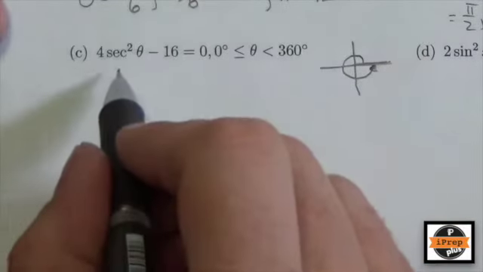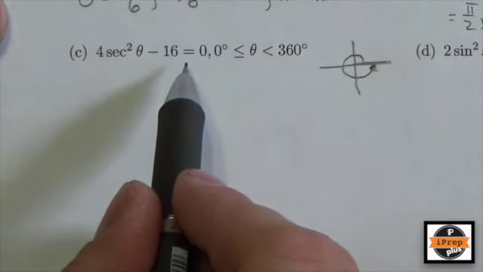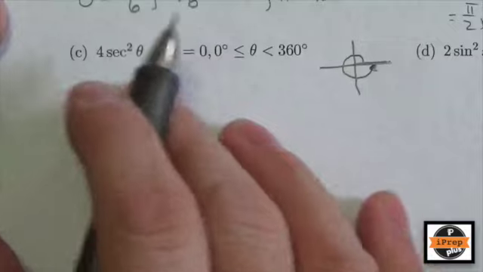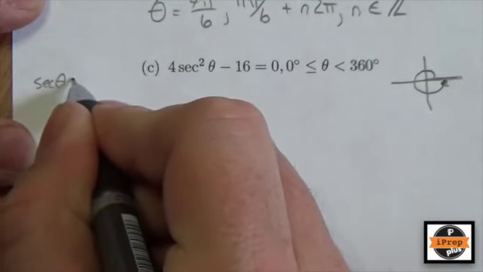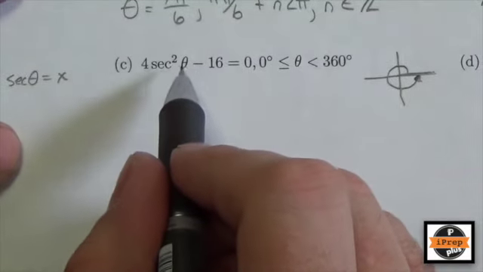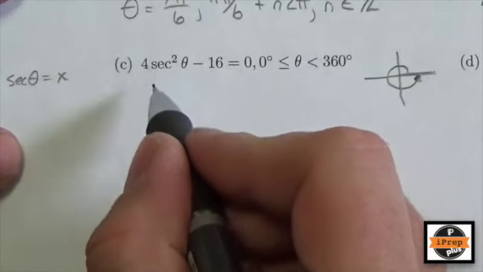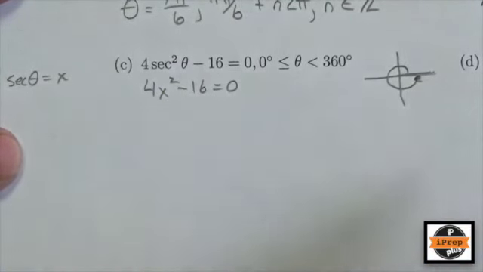Now, move over to the problem here. And again, we've got this secant squared of theta in there, and I suspect that we could make that a little bit nicer by simply saying that secant of theta, just for the time being, we're going to call that x. So 4 times the secant squared of theta minus 16 is really 4x squared minus 16 is equal to 0.